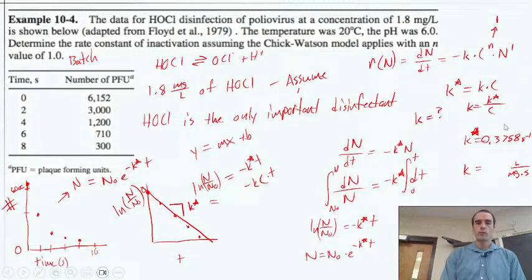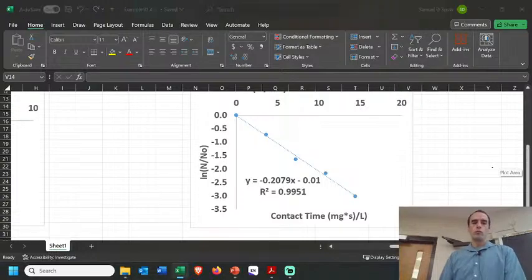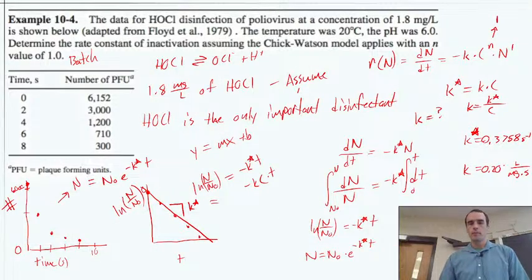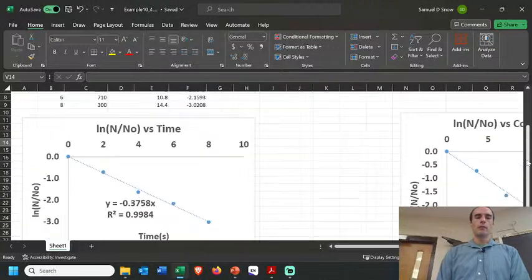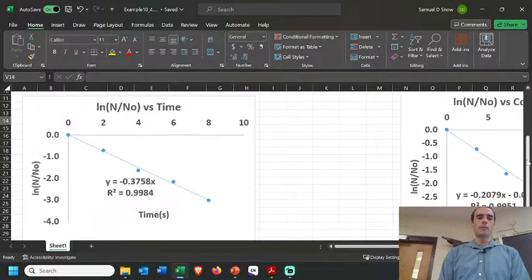So if we were to take 0.3758, divide that by 1.8, that should give us, if I'm not mistaken, that 0.208, we'll say. Can someone confirm that for me? That makes sense? Okay. Yeah, and it really doesn't matter too much. You know, it should be exactly the same either way.